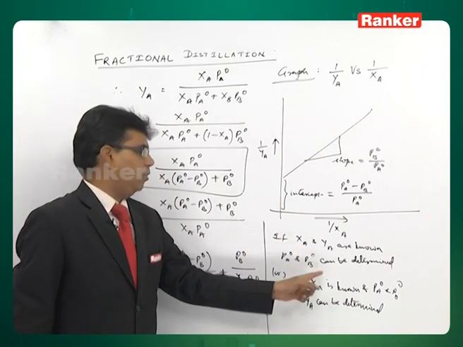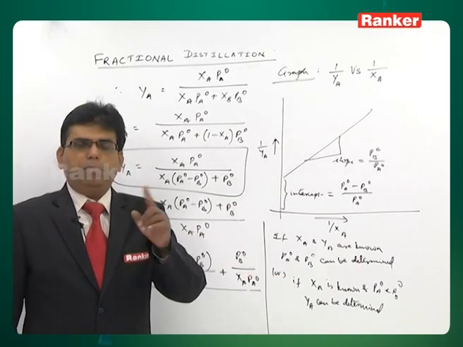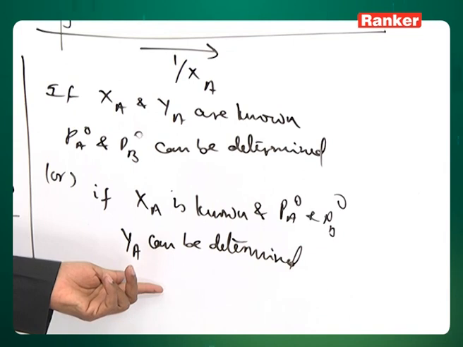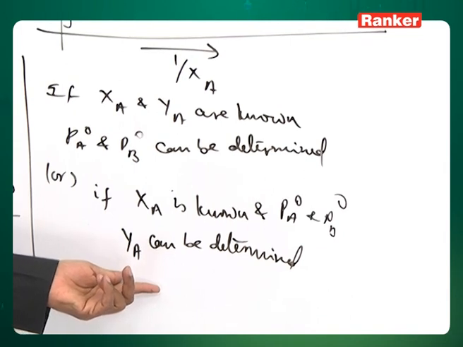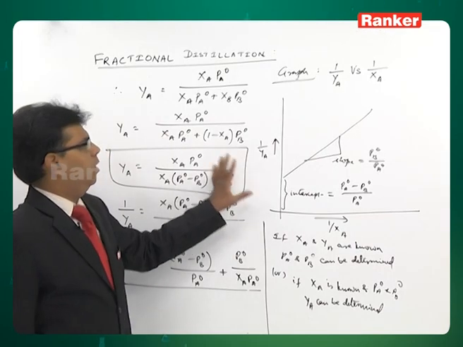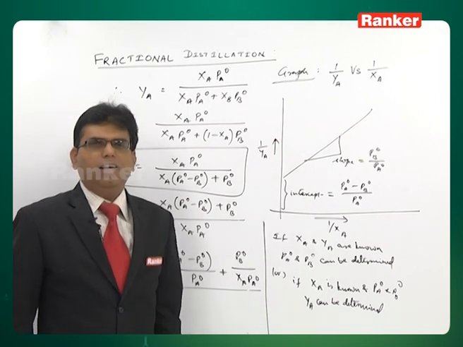If Xa and Ya are known, you can determine Pa naught and Pb naught. If Xa, Pa naught and Pb naught, all three are known, then you can determine the mole fraction in the vapor phase of the two liquids A and B when fractional distillation is carried out. So, this is the little mathematics involved in determining one from the other.